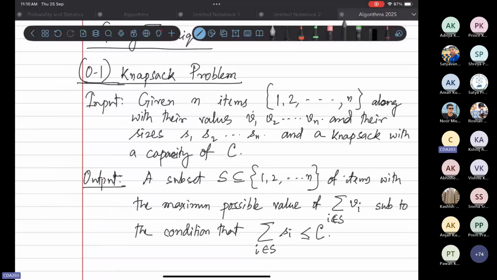Now, as I mentioned, this is called a 0-1 knapsack. But I will change it to something slightly different and I'll name it fractional knapsack.